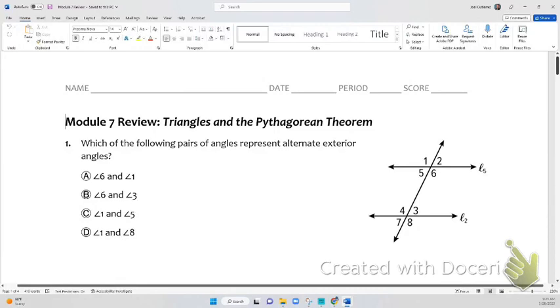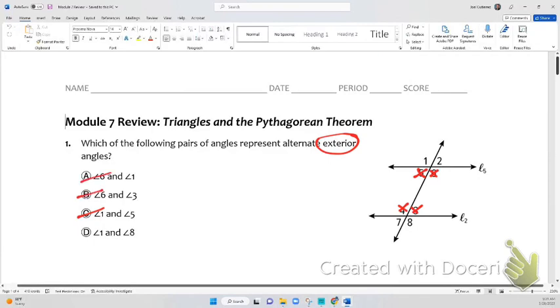So without further ado, here's question number 1. It says, which of the following pairs of angles represents alternate exterior angles? This is the key word, exterior. Exterior means that it's on the outside, so anything on the inside cannot be the answer. So anything with a 5, a 6, a 4, or a 3.